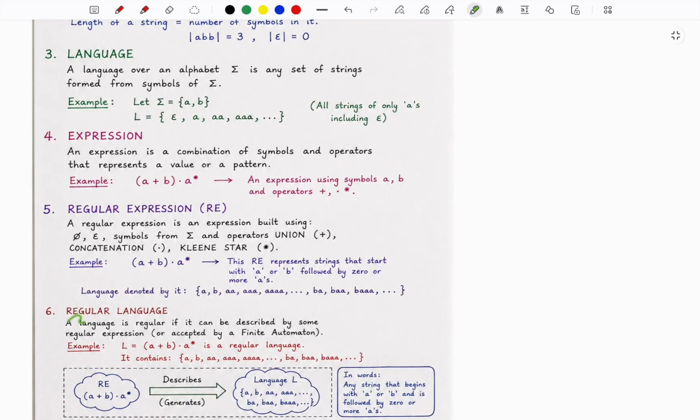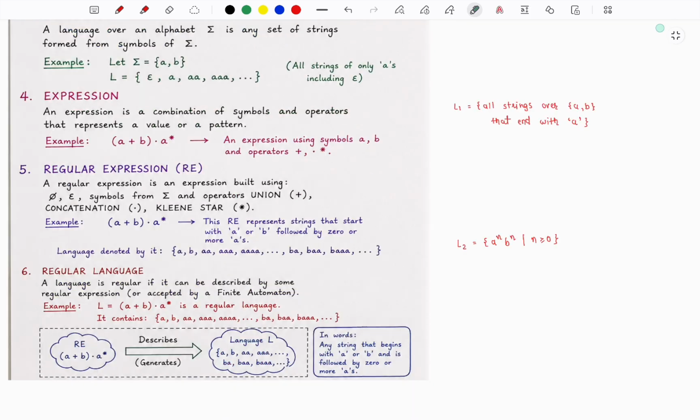Now let's understand what regular language is. Regular language is a language that can be described by a regular expression or accepted by a finite automata. Now let's understand how to identify whether a language is regular or not. Suppose the language is L1, all strings over A, B that end with A. Can we write a regular expression for this language?